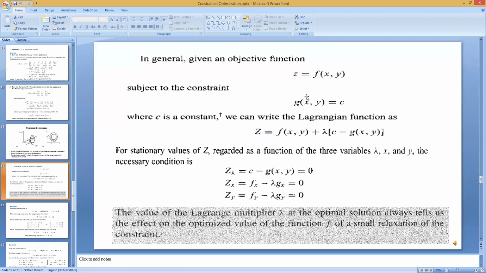So if I consider the variable part minus constant is equal to 0, in that case we will use minus lambda. And if we write constant minus g of x, y is equal to 0, in that case we will use plus lambda. Okay, so this is one expression. You could write it as z is equal to f of x, y minus lambda into g of x, y minus c in that format.